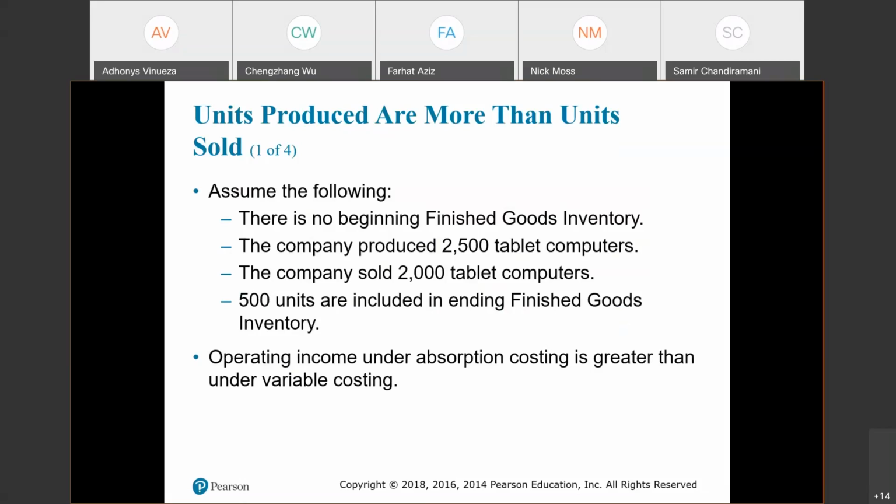Second, the company produced 2,500 tablets, which is more than the tablet computers sold, 2,000. And finally, we have 500 units included in the ending finished goods inventory. So as you can see, the company produced more units than sold.